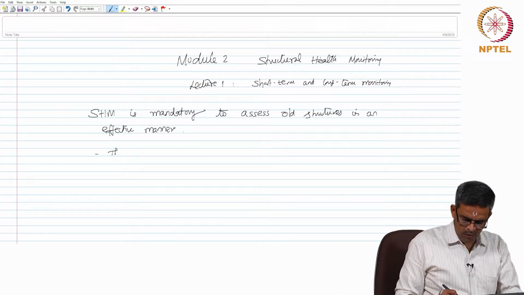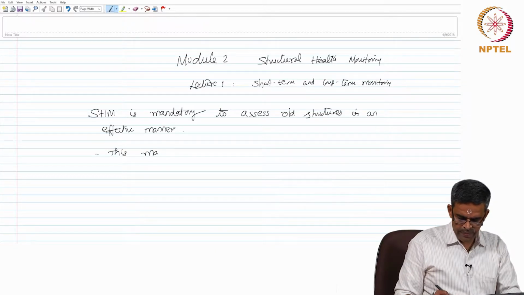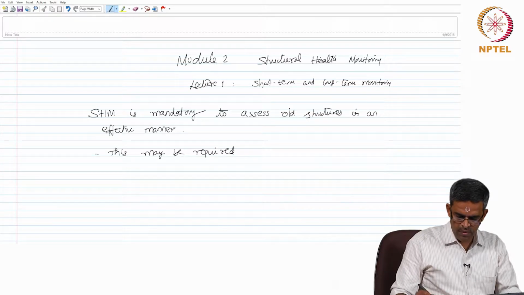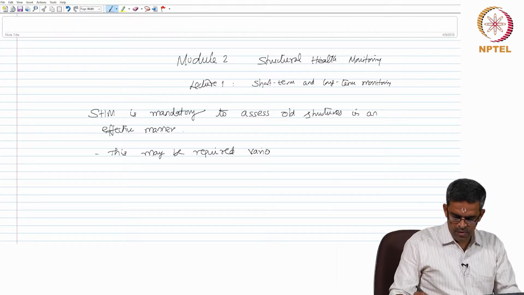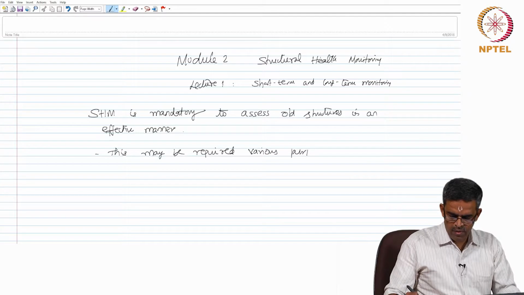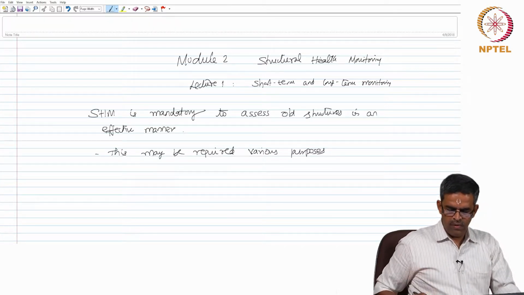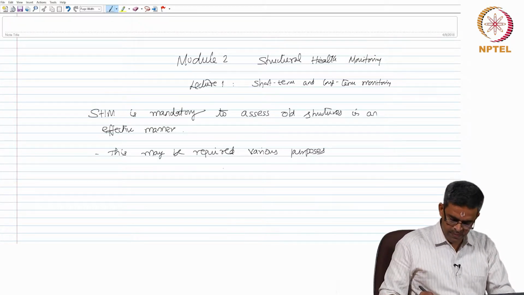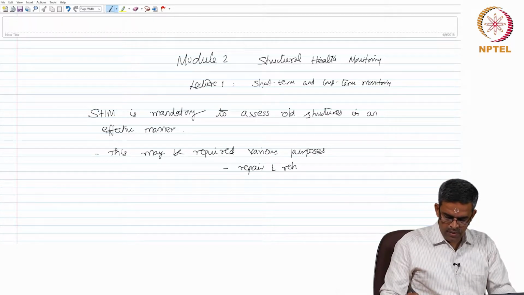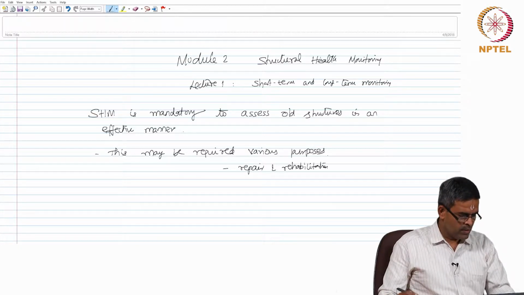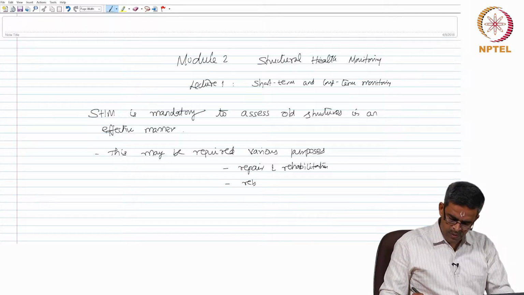This may be required for various purposes: repair and rehabilitation, and sometimes to assess the cost of rebuilding.